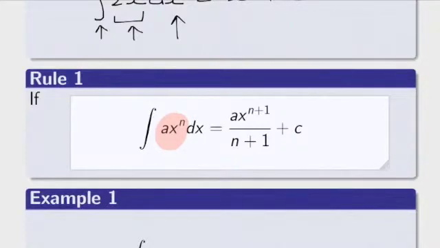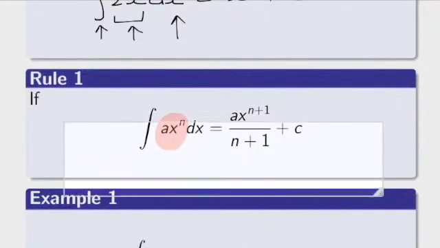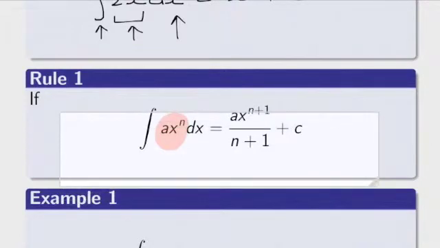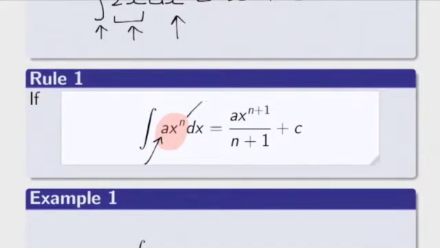The integral of ax raised to the power n, now before we present the result, we need to note that a is some constant, for instance pi, and n is also a constant, for instance 4. So a and n are some constants.